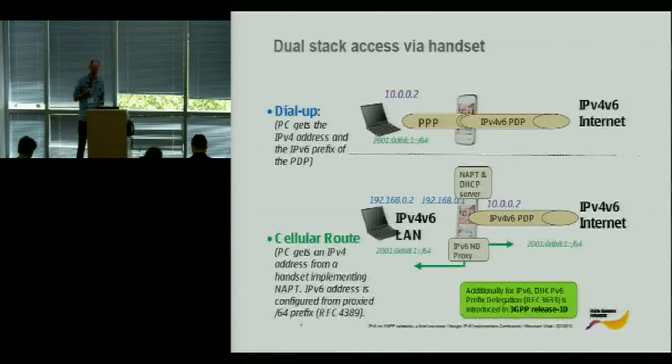In that case, you will see that the PDP context gets terminated on the mobile, and the mobile can then just do a route advertisement to the laptop and do something like NAT-PT or NAT to deal with the v4 part. But even in that case, it's pretty clear you can just do dual stack without too much trouble.